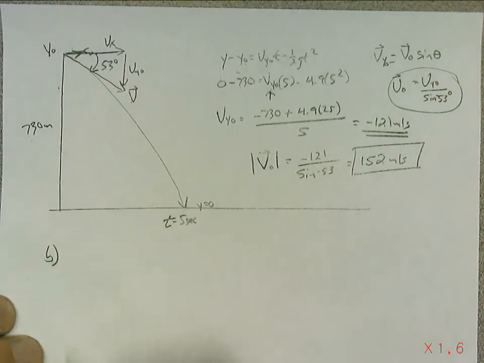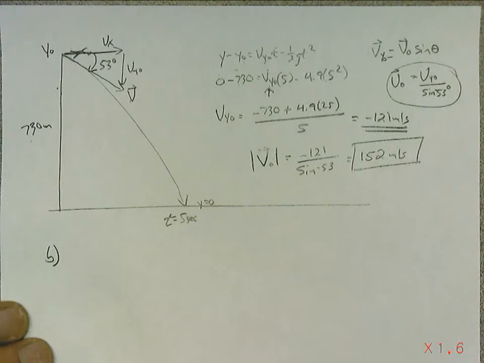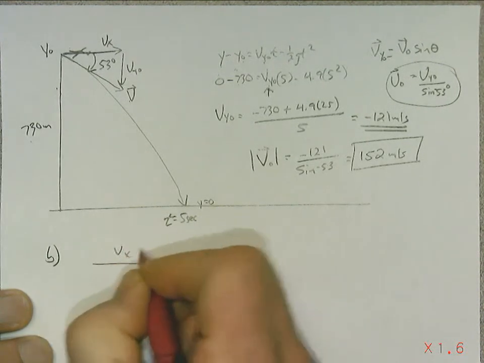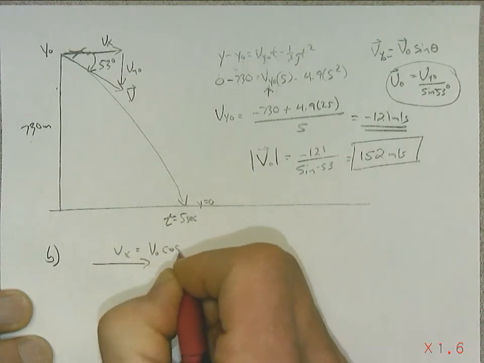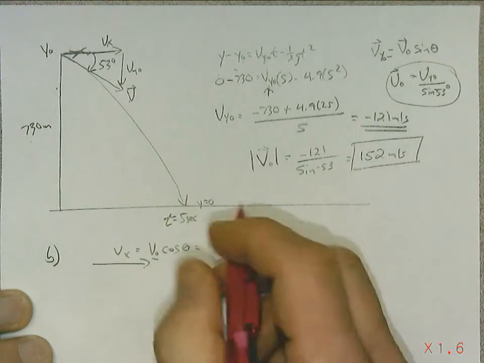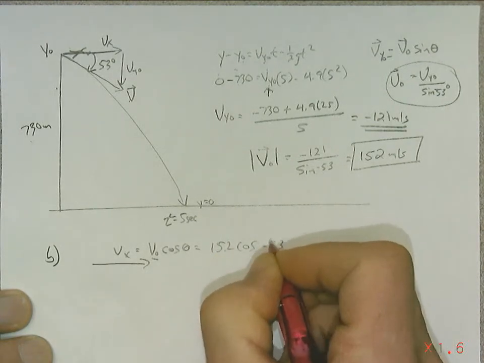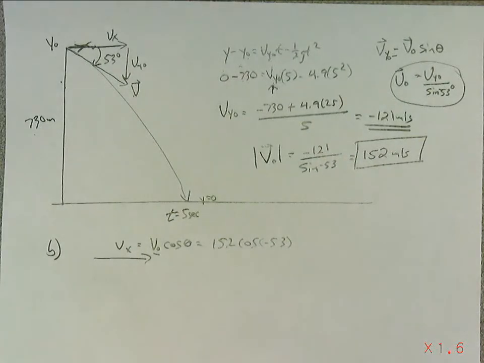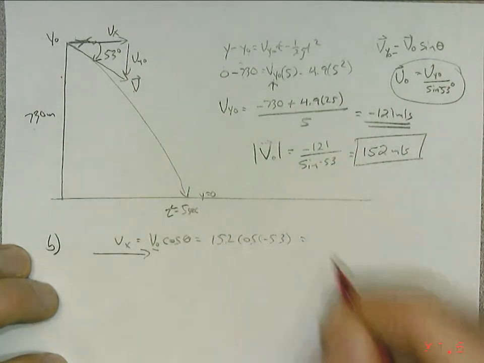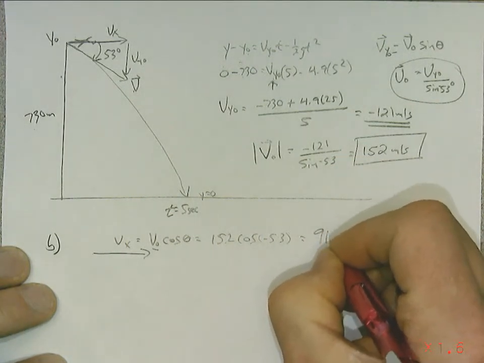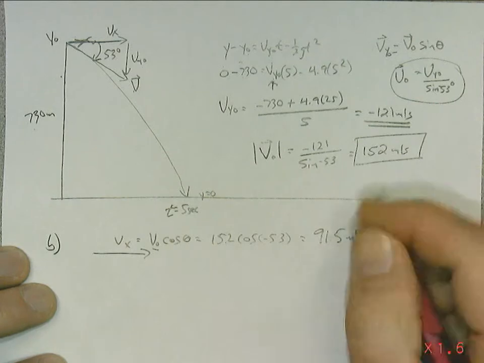Okay, B. On B, how far did the bomb travel during the flight? Well, we just want Vx, and Vx is V0 cosine of theta. So now that we know V0, 152 cosine of minus 53. Now, the minus for cosine doesn't matter. 152 cosine of 53 gives us 91.5 meters per second.